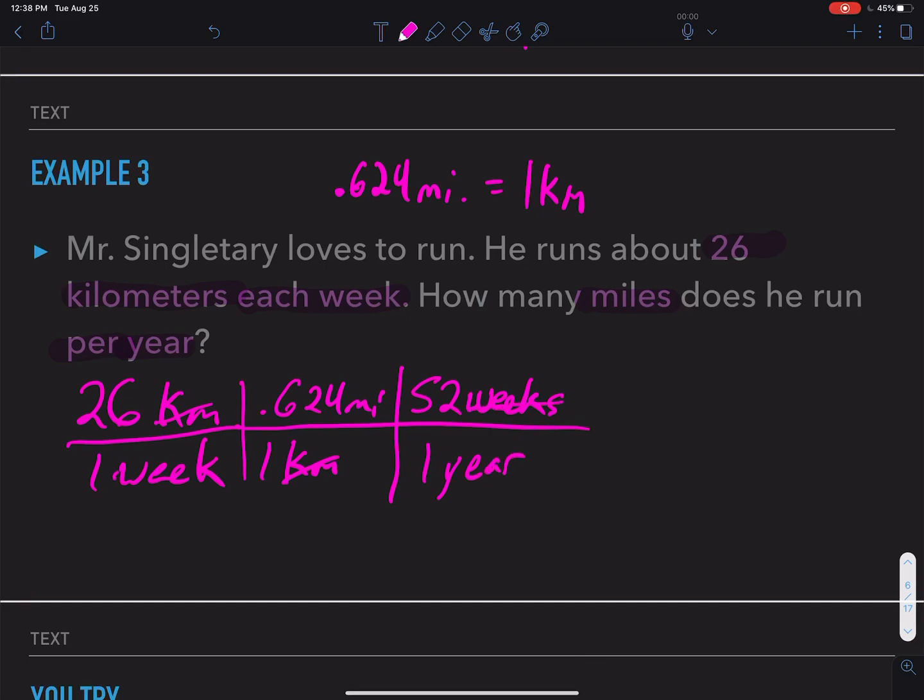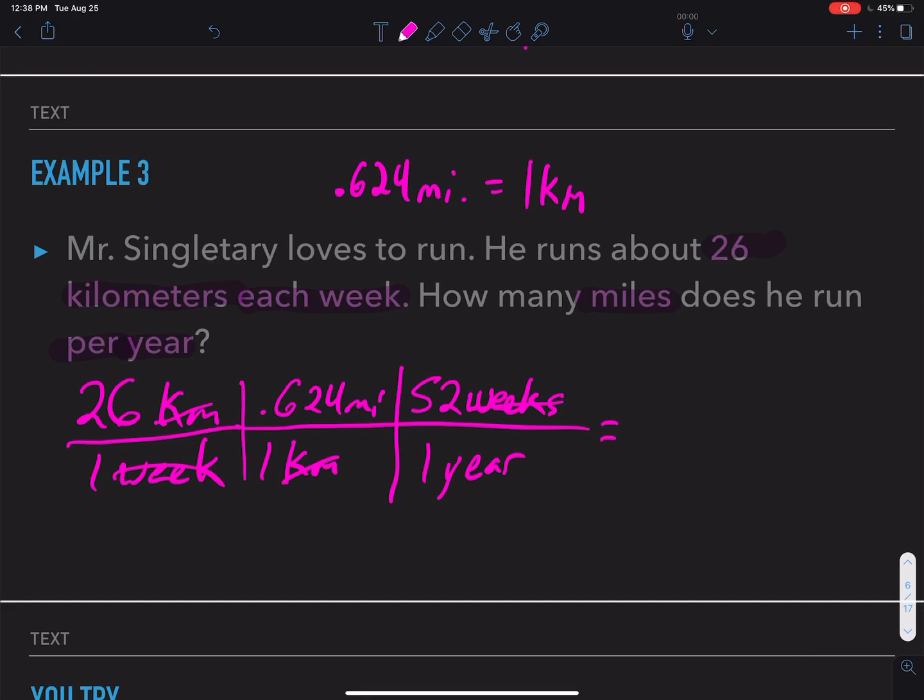So then we could cancel out the unit of weeks. And so again, now I have miles in the numerator, years in the denominator. So now I'm ready to answer the question, how many miles does he run per year? So we can just multiply everything out and simplify.